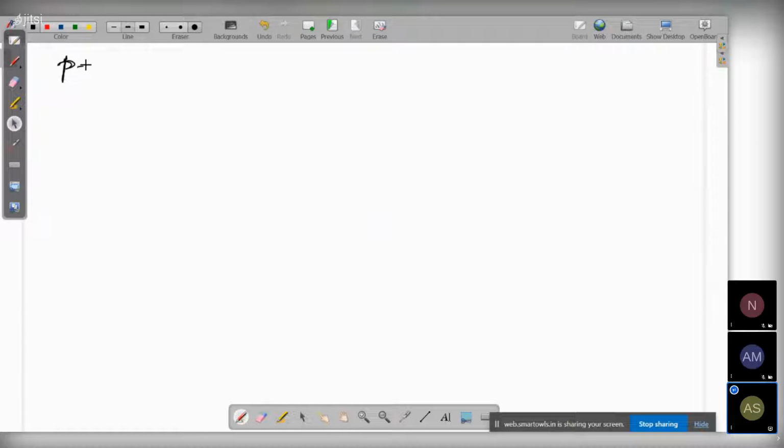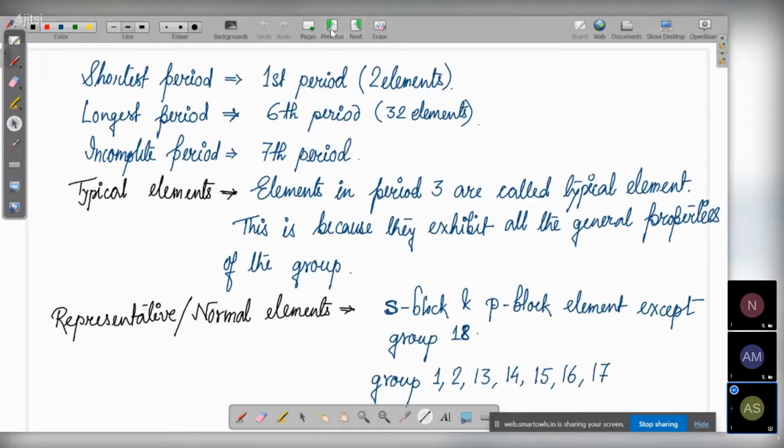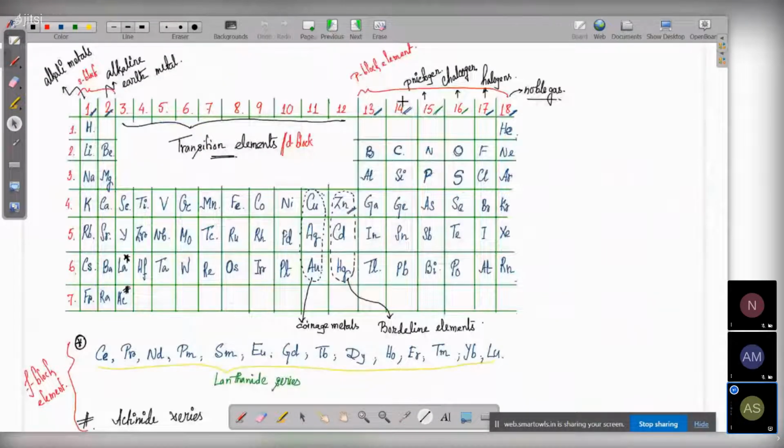P block elements. See the periodic table. What are p block elements? That is group 13, 14, 15, 16, 17, and 18.